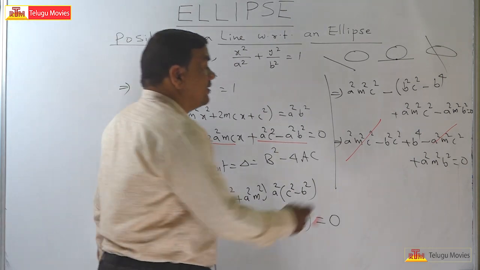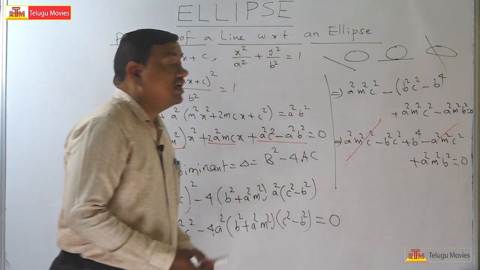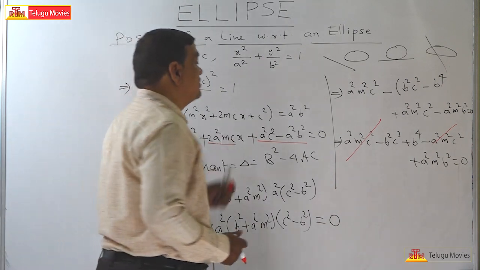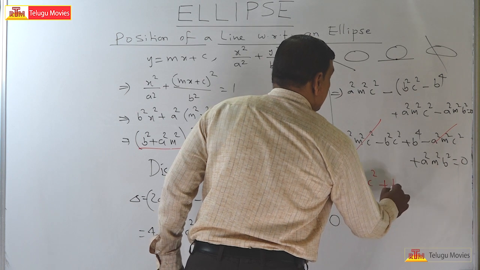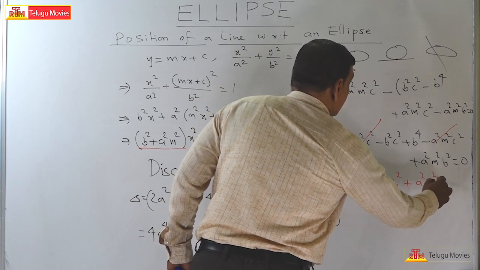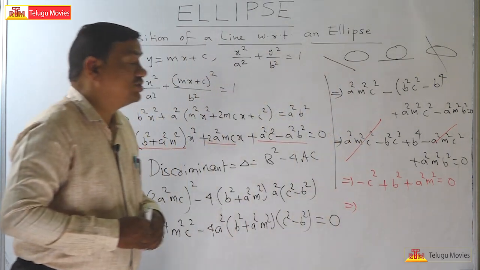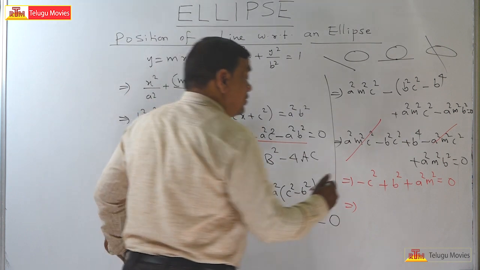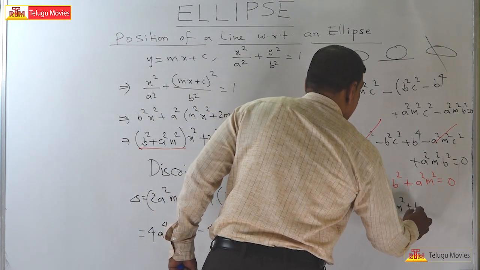Then b power 4 and b square can also be cancelled, because b is not equal to 0. So this is minus c square plus b square plus a square m square is equal to 0. From this we get c square is equal to a square m square plus b square.